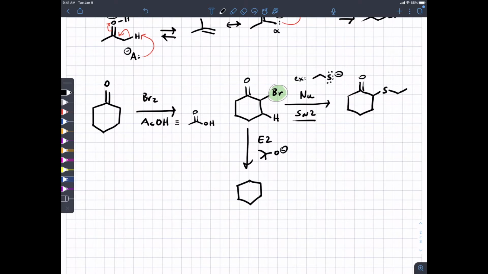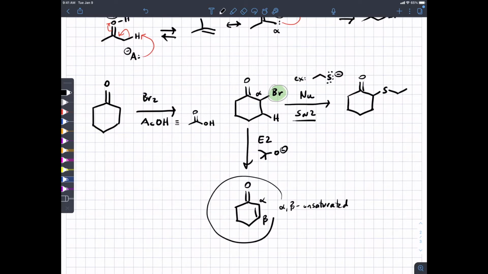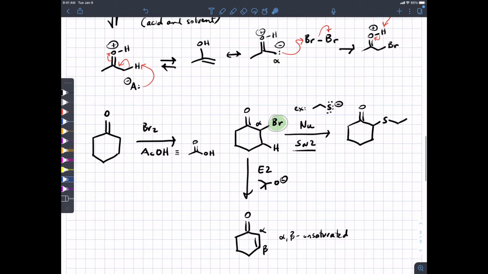That would give you, as a product, this molecule, which went from being an alpha bromoketone to an alpha beta unsaturated carbonyl compound. And we're going to pay attention to that because we've seen this as starting material before in our previous unit leading up to exam 1.